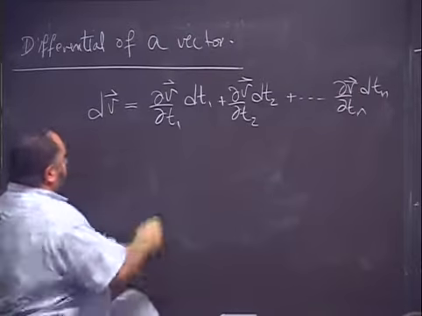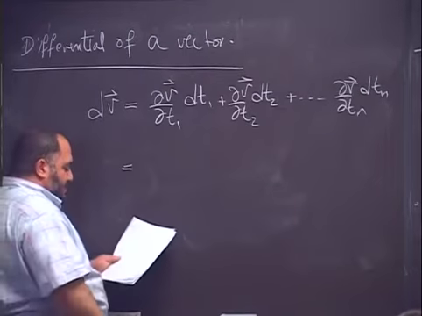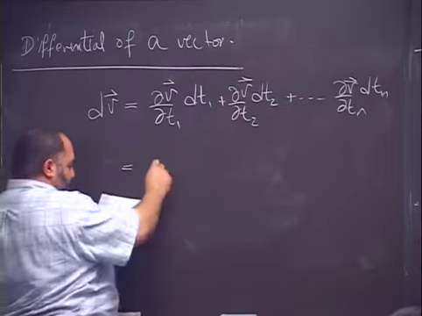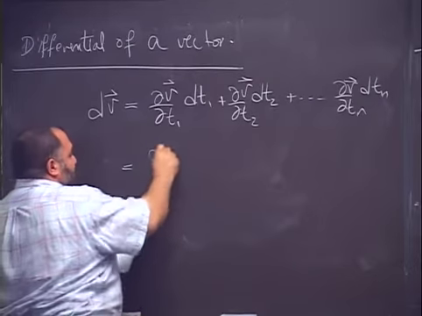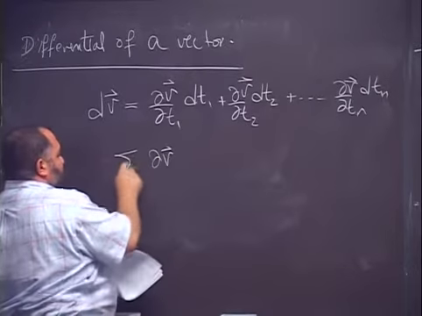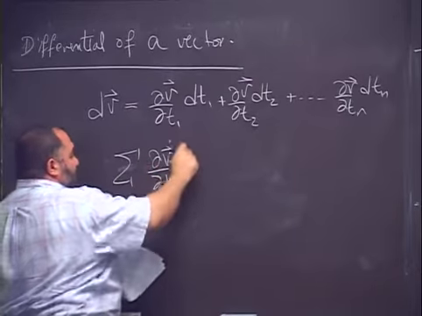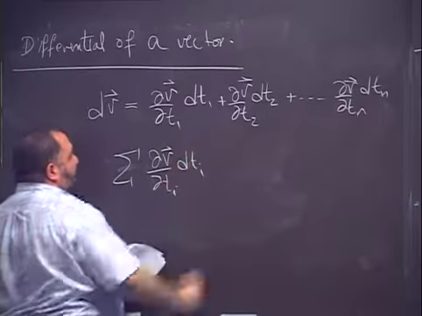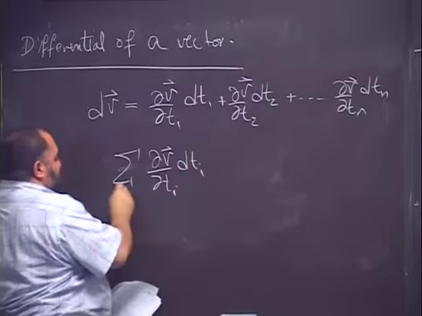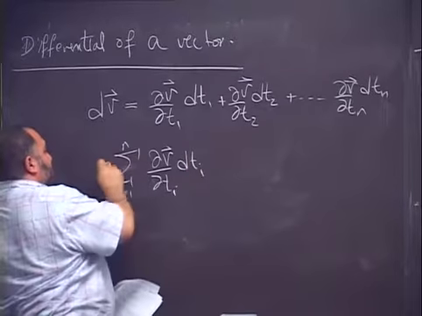Again we can write it in the same format as the summation of dv by dti multiplied by dti, with i equal 1 to n.